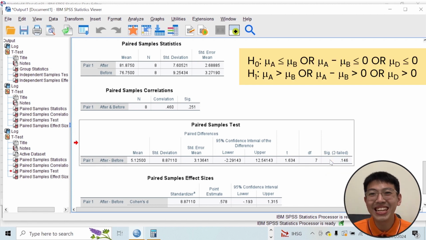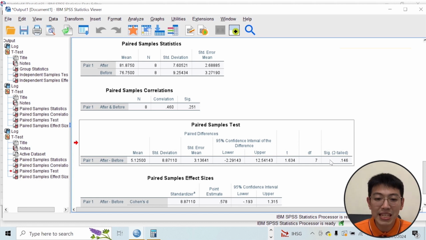The keyword here is higher. Therefore, the H0 will be mu after is less than or equal to mu before, or I can write mu after minus mu before is less than or equal to 0, while the H1 will be mu after is higher than mu before, or mu after minus mu before is higher than 0.